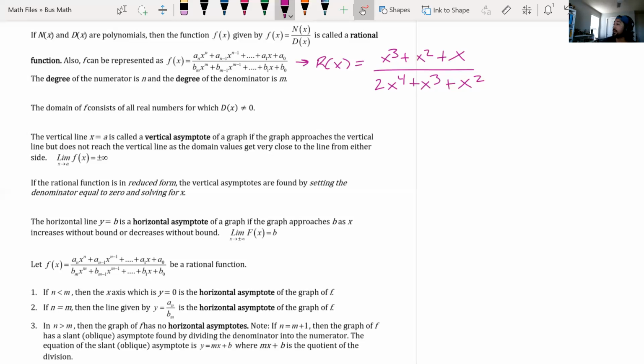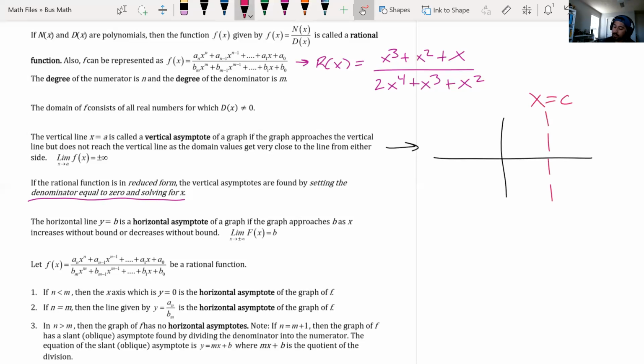So vertical asymptotes come from the domain of a rational function. We can even keep it simpler and say that vertical asymptotes come from the denominator of a rational function. So in order to find a vertical asymptote, you must set the denominator equal to 0 and solve for x. So this is what a vertical asymptote looks like. Let me go ahead and draw a nice little graph. I'll have some line called x equals c.